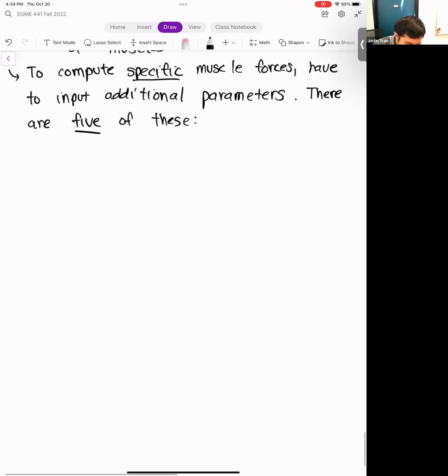Okay, so let's go one by one. The first defining parameter is called the optimal fiber length. The symbol for that is LOM.